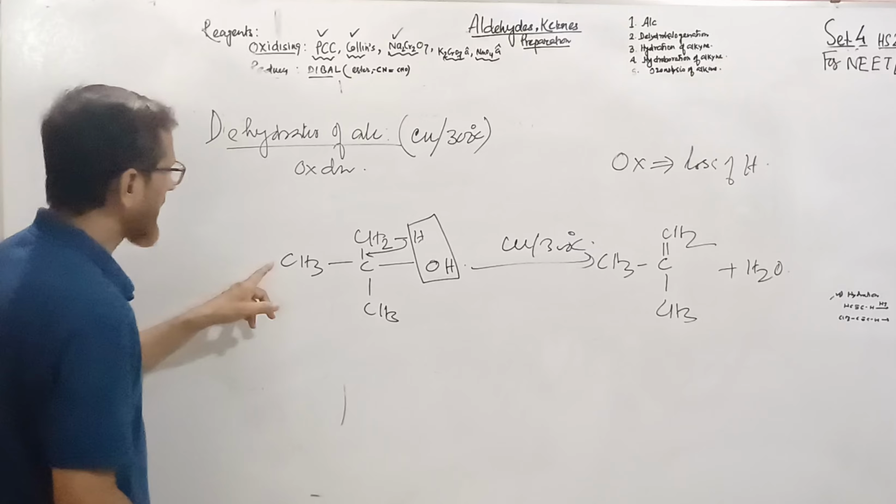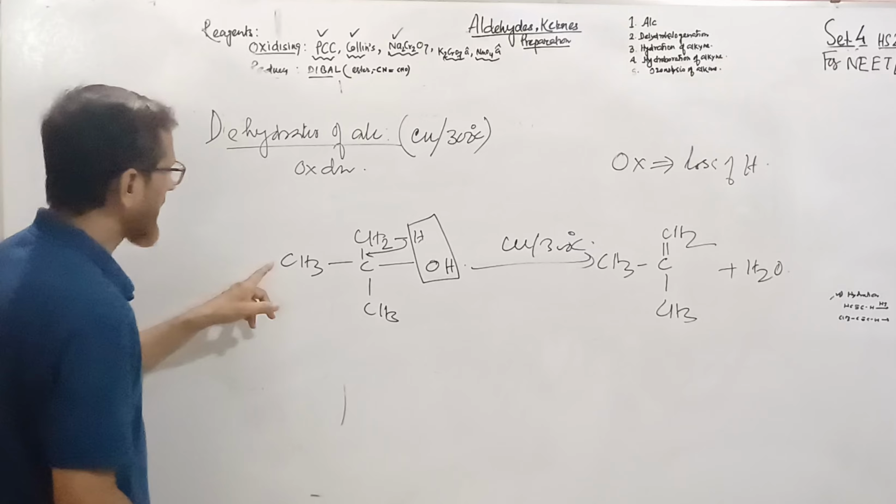This is pyridinium chlorochromate. Why is it so important? First of all, it is selective, meaning it does not affect the reactant if there is any double bond. The double bond will remain intact. Hence, it is selective. Number two, it is mild.